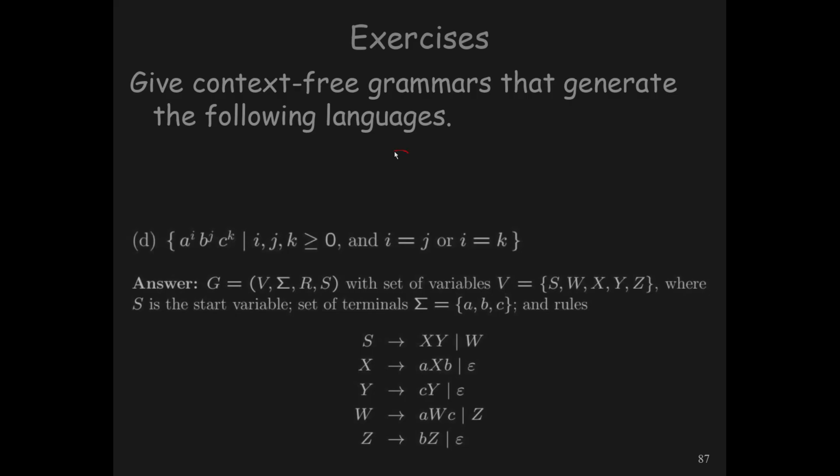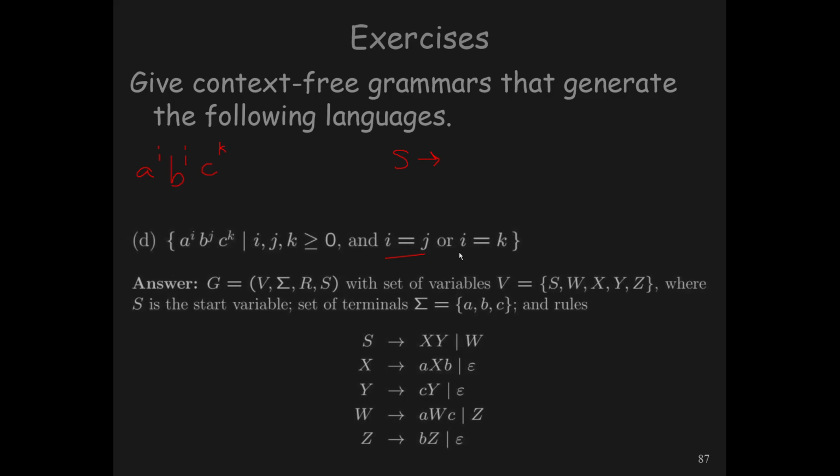So the first thing is your starting symbol, and the starting symbol can give either, let's say, A^I B^I. Now notice this is the case where I equals J, and then C^K, right? Now this is one example, one side of the language.